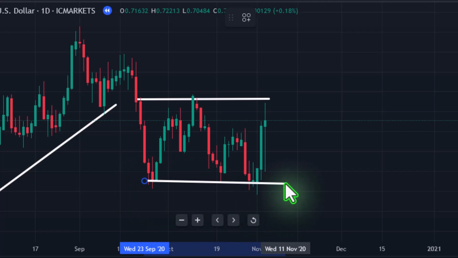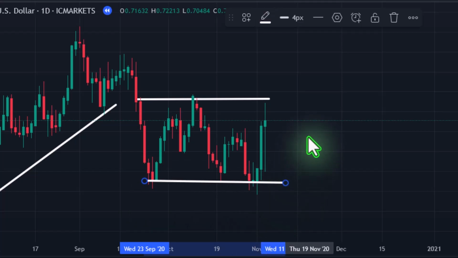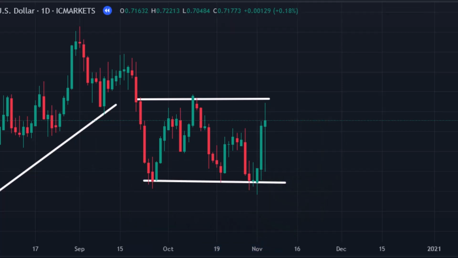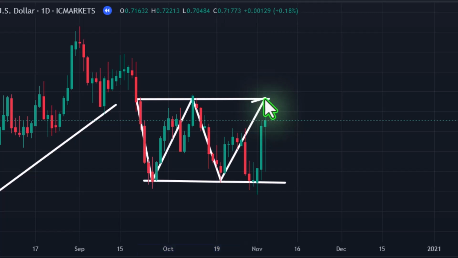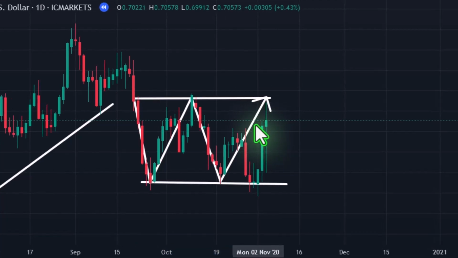So this is how you identify a rectangular pattern. In a rectangular pattern, price bounces from the support line to the resistance line, bounces off the support line to the resistance line again.